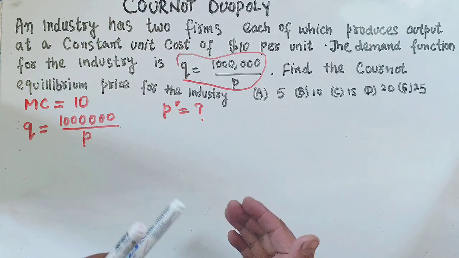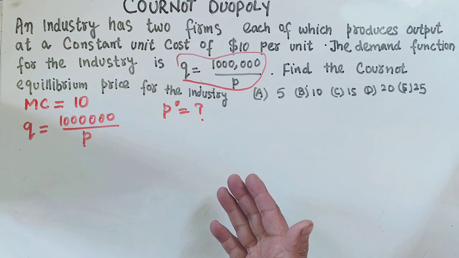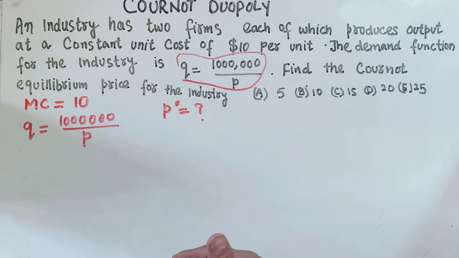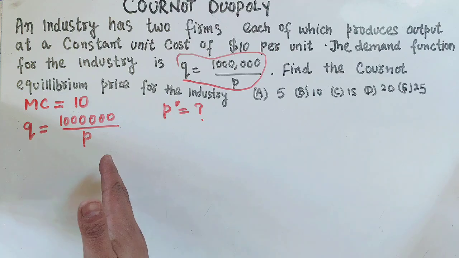Because to solve this Cournot equilibrium, when we have the rectangular hyperbolic demand function or constant elasticity demand function, we will require the price elasticity of demand. So let's first find it.